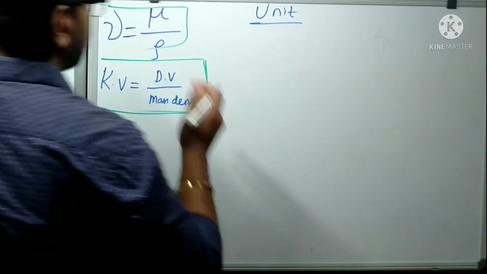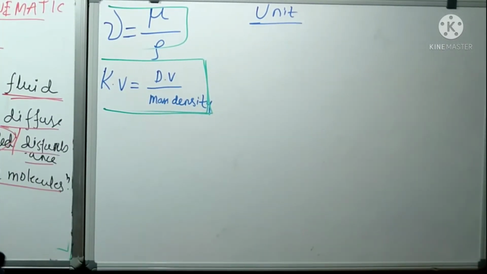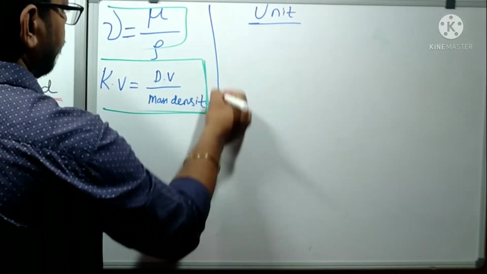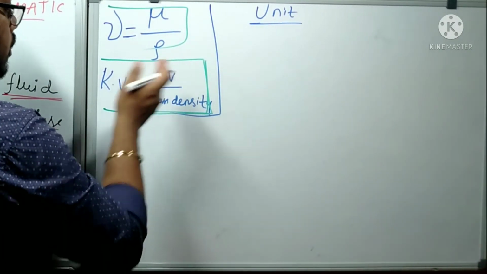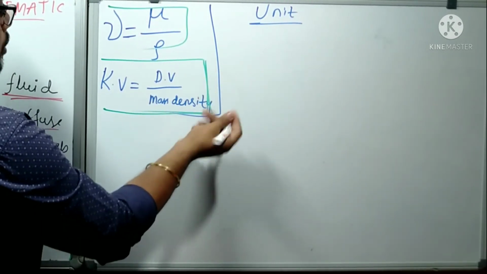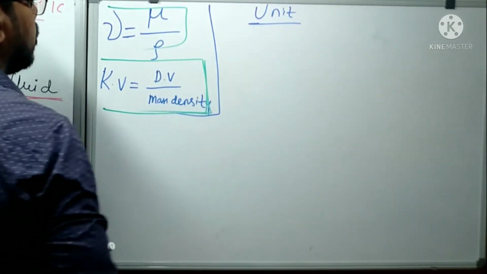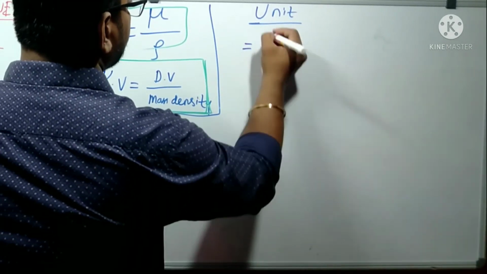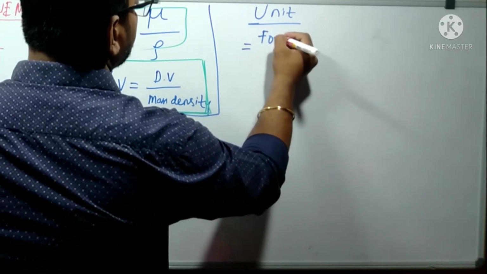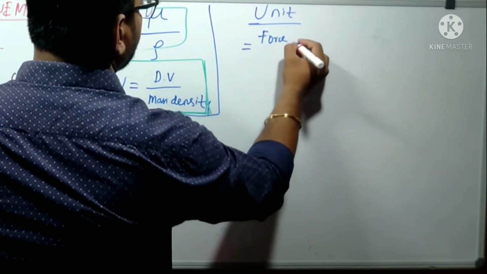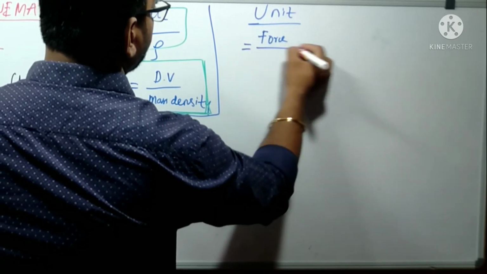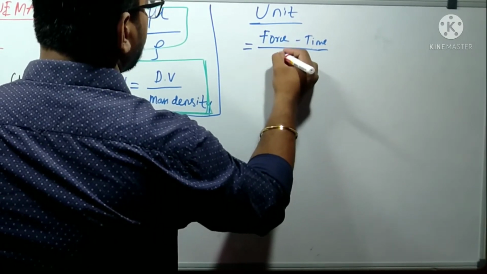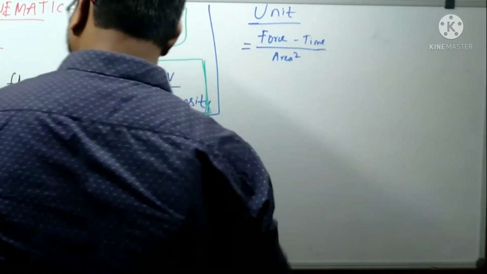Unit of kinematic viscosity. Before that, let us understand the derivation of the unit of kinematic viscosity. Now, what is kinematic viscosity? As we have discussed, it is the ratio of dynamic viscosity and mass density. And what is mu? Dynamic viscosity. The unit of dynamic viscosity is force into time per unit area square.